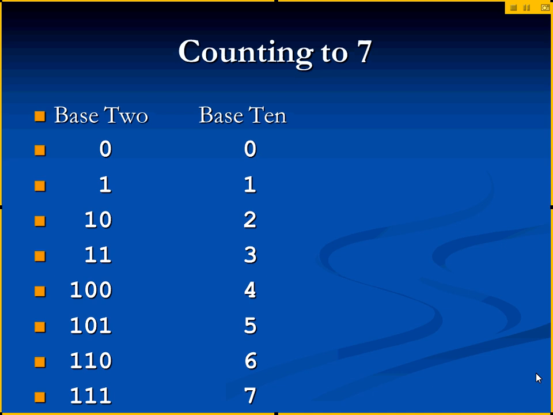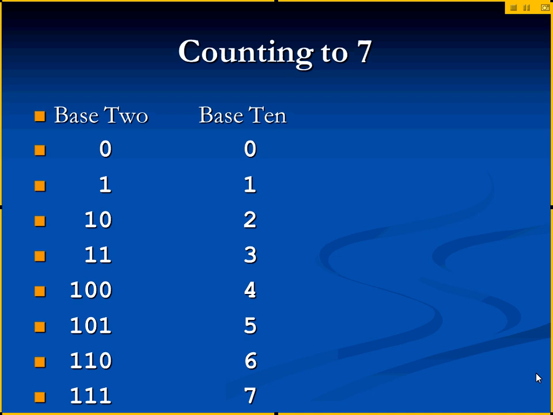It's just like if I need to count to 10, the number 10, I need 2 columns. I can go 0, 1, 2, 3, 4, 5, 6, 7, 8, 9. How do I get to 10? Only using 1 digit, I can't get there. I need 2 digits to get up to 10. I need 1 ten and 0 ones. Anything from 10 to 99 takes 2 digits.